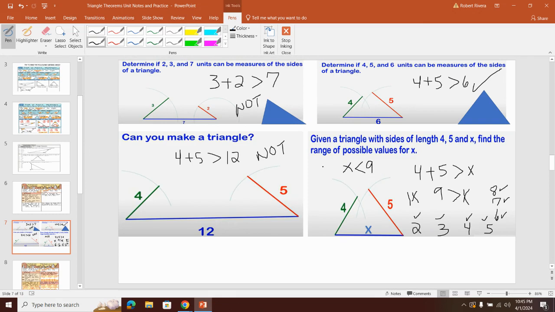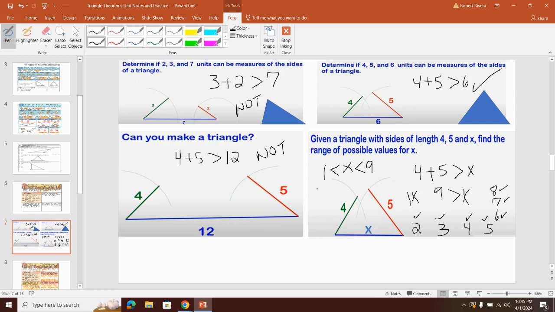But x better be greater than 1, which would be 2. 1 is less than x, so this has to be 2. And then x has to be less than 9, so it has to be 8, 7, 6, 5. So the ones that are between would be these. Okay?